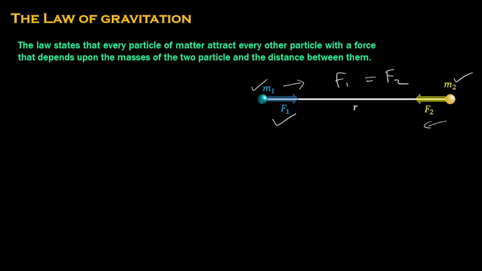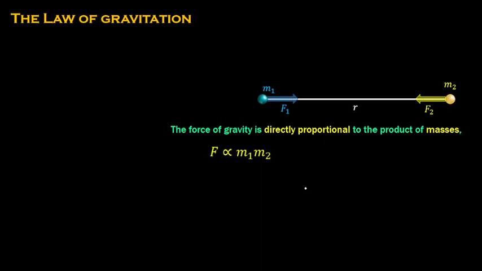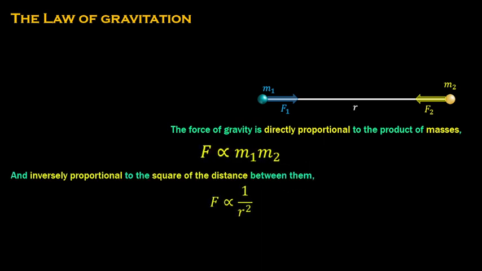Now, how do these forces depend upon the masses of the two particles and the distance between them? So, we are now asking a quantitative question, and we need a mathematical formula that describes how this force depends upon masses and distance. The force of gravity is directly proportional to the product of their masses, and it is inversely proportional to the square of the distance between them.